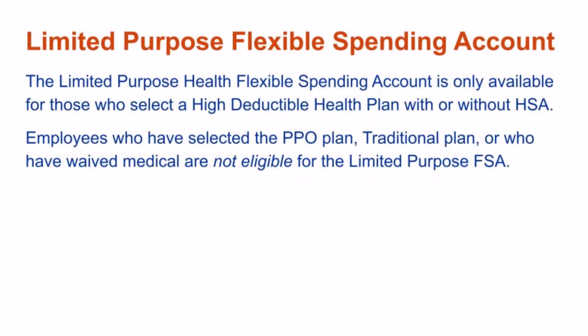The Limited Purpose Health FSA option is only available for those who select a high-deductible health plan with or without a health savings account. Employees who have selected the PPO medical plan, the traditional medical plan, or who have waived medical benefits are not eligible for the limited purpose FSA.